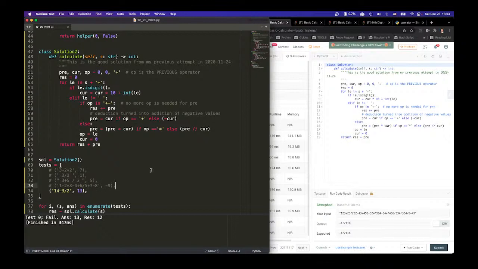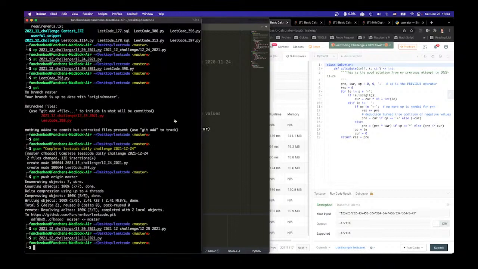Why? Well, I mean, it's a minus sign, right? If it's a minus sign, then pre equal to minus 3. Oh, shoot. Are you telling me I can just use Python for this?